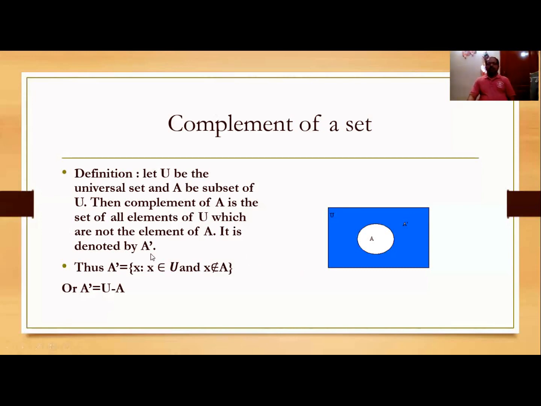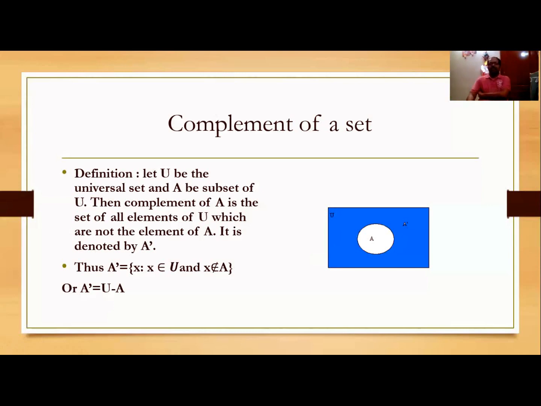How do we represent it using the Venn diagram? A Venn diagram is the representation of a set in a geometric way, as we have seen in previous videos.